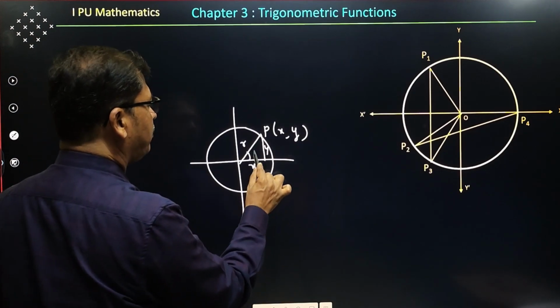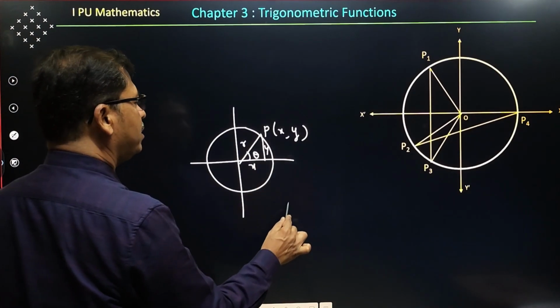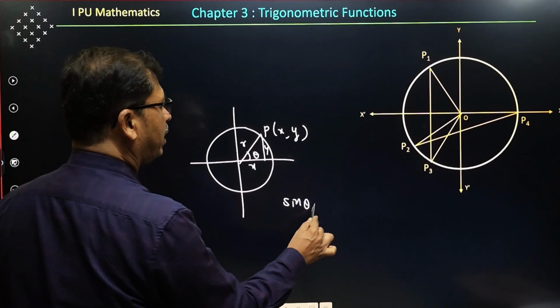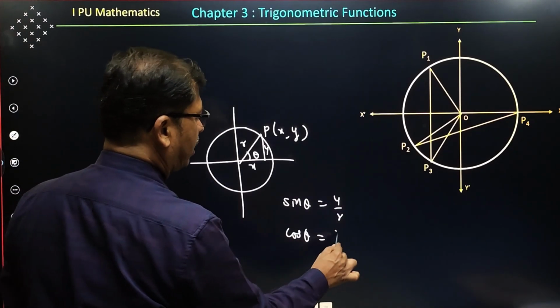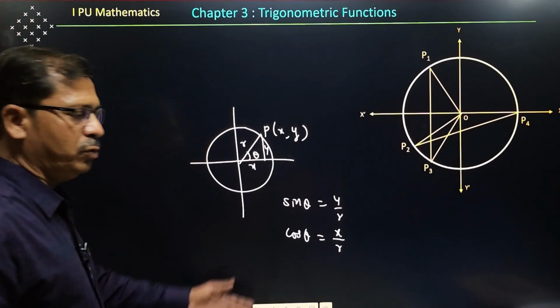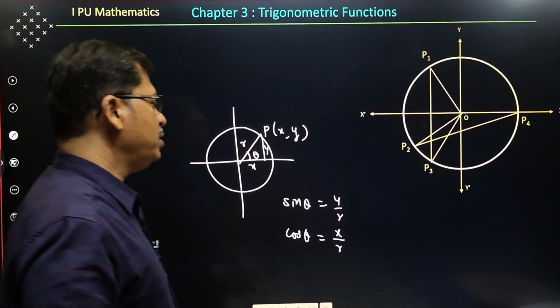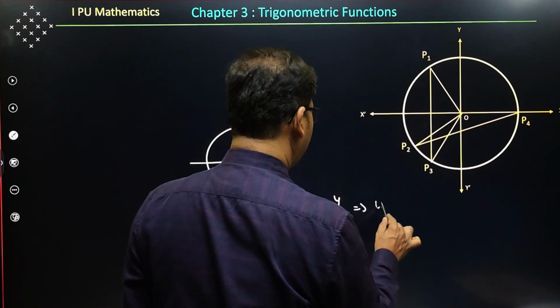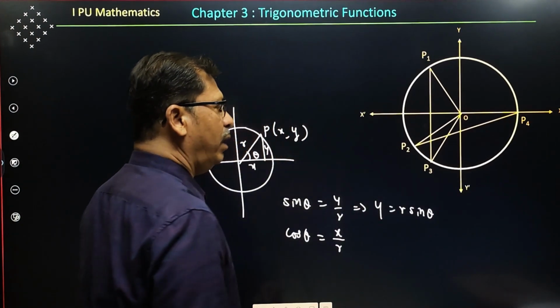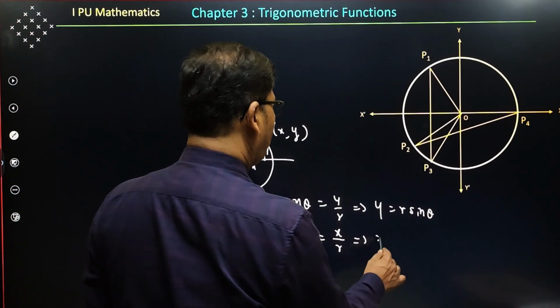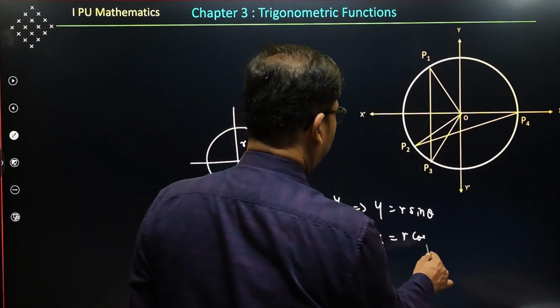If this angle is theta, then sin theta is equal to y by r, and cos theta is equal to x divided by r. So y must be equal to r sin theta, and x must be equal to r cos theta.